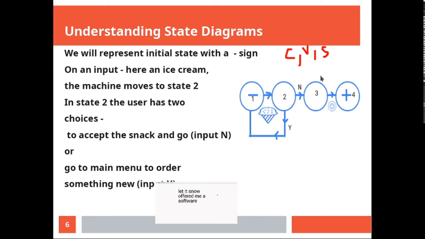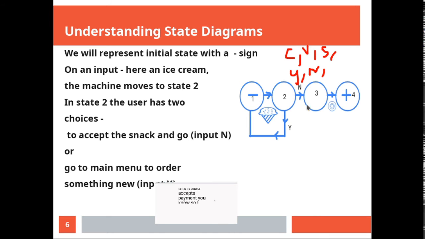So these are the three possible things that this vending machine dispenses. Apart from this, it also takes input, yes or no, for the user's choice. And apart from this, it also accepts payment.